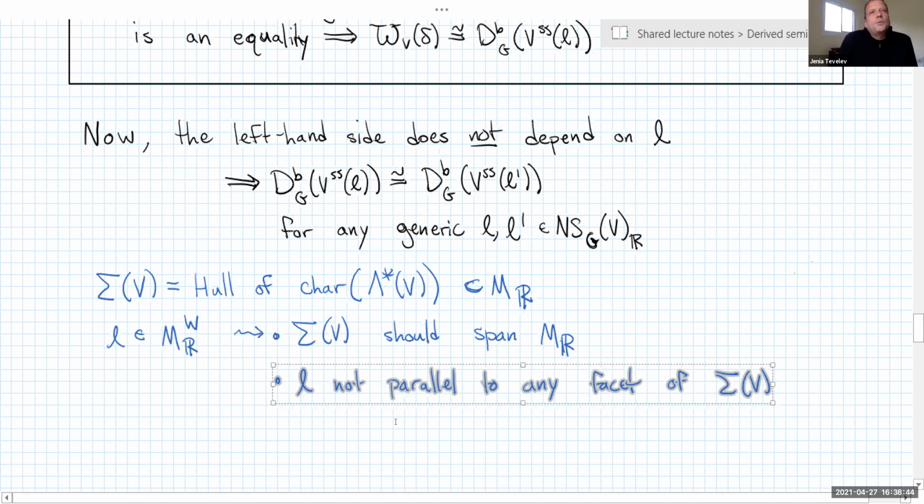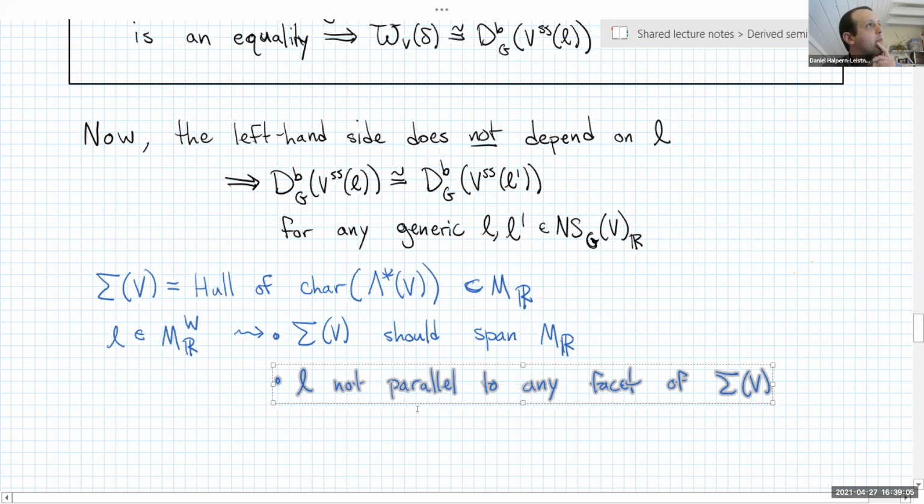Is this equivalent to the usual condition that there are no strictly semi-stable points, or is this something stronger? I can't remember. This implies that there are no strictly semi-stable points.